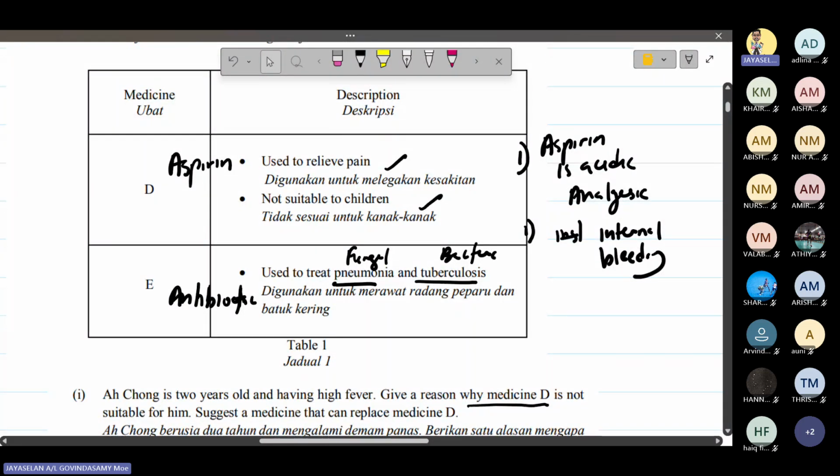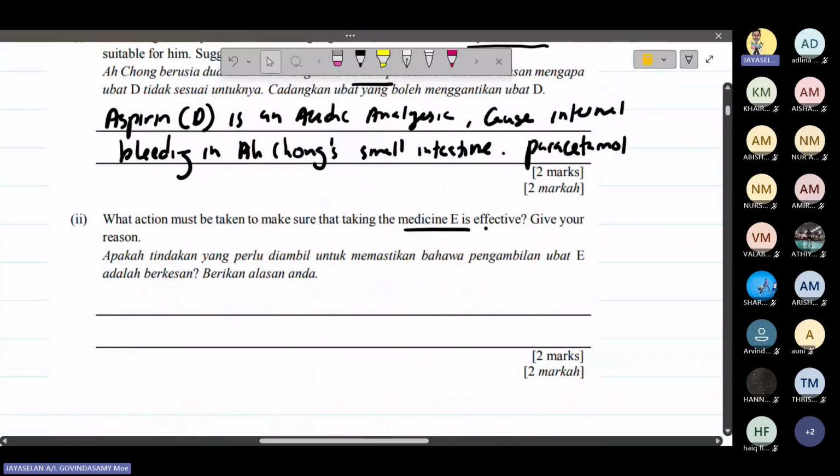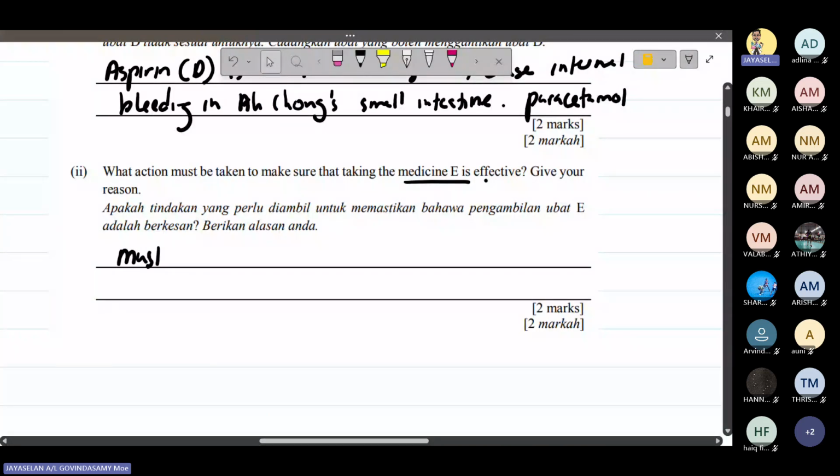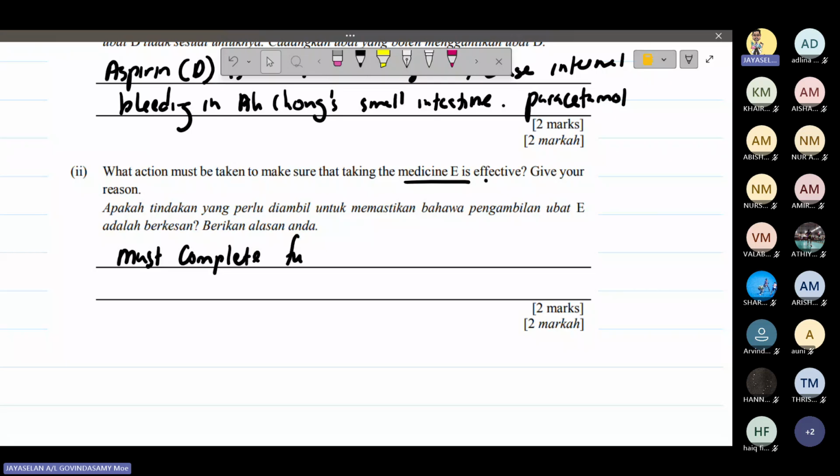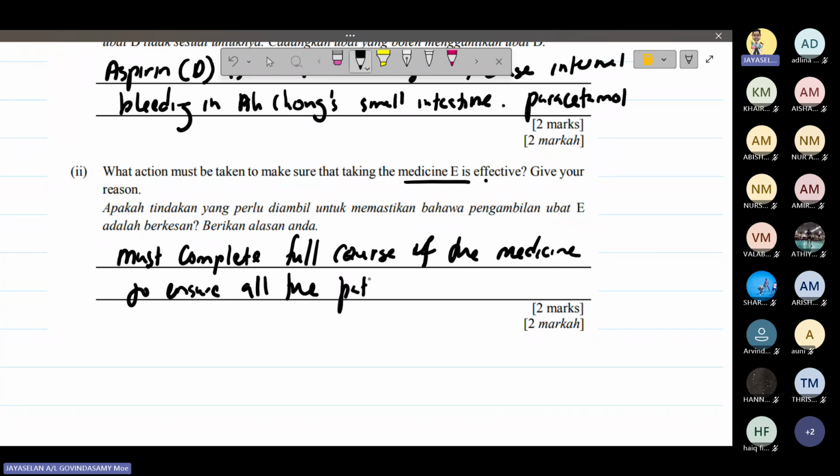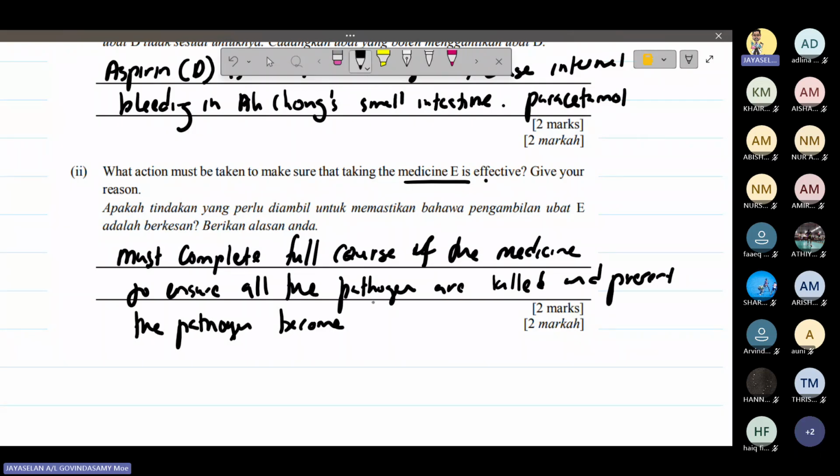It is an antibiotic, so you must complete the full course of the medicine, to ensure all the bacteria or pathogens are killed and to prevent the pathogens from becoming more resistant to the medicine.